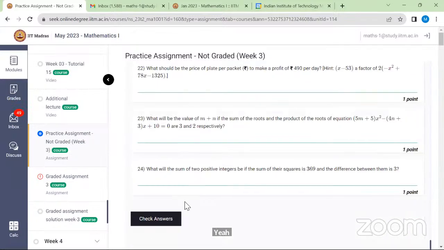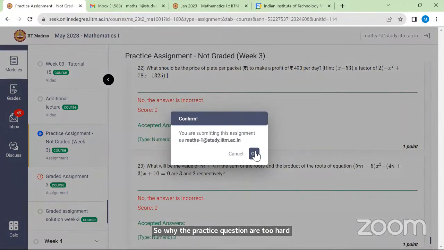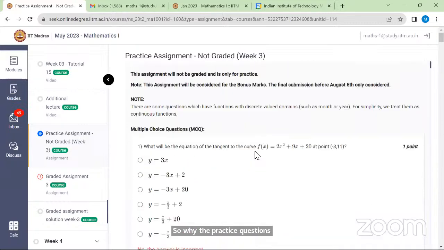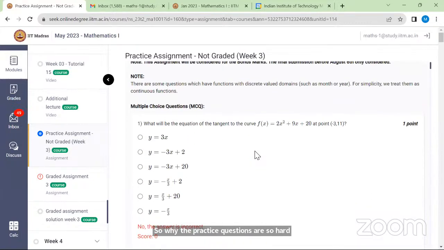Why are the practice questions too hard compared to graded? Compared to graded. Okay. I don't know about graded, but the practice questions are terribly hard, sir. They are very hard. You won't be getting this type of solved problem just for the practice, so that if you are practicing some difficult question today.